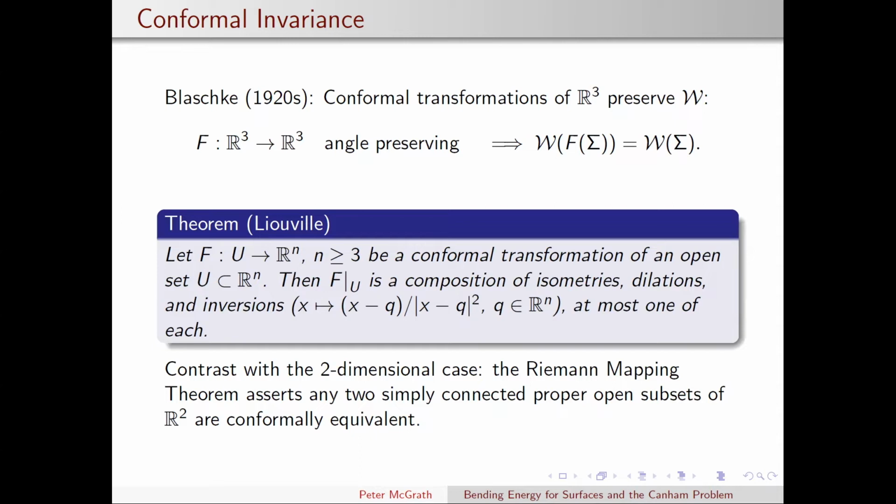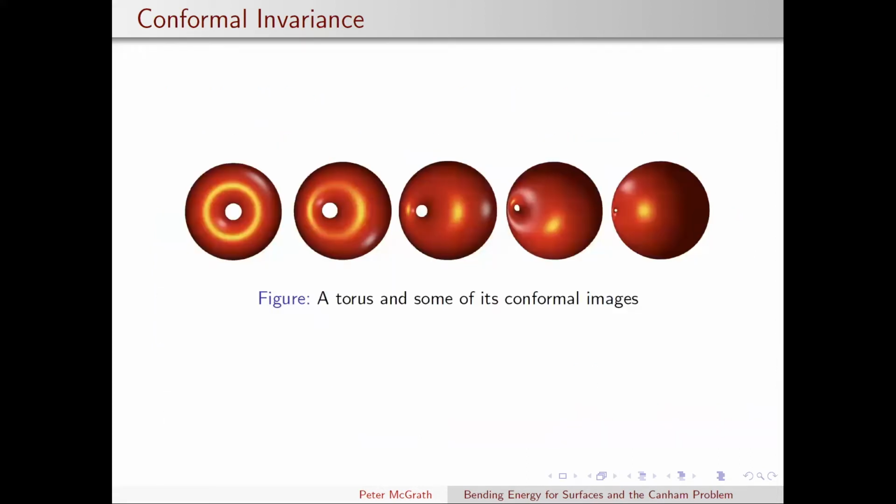So we have now something in our toolbox, which is these conformal transformations, which change the shape of our surfaces, but not their bending energy. There are some games you can play. Here is a torus and 4 different conformal images of it. Using these inversions, which send a point to infinity, and rescalings, you can basically blow out the torus so it becomes more and more sphere-like.